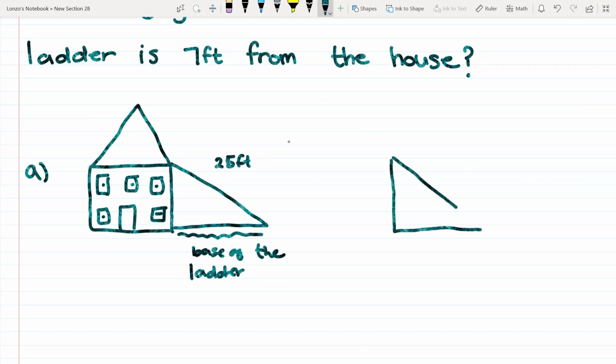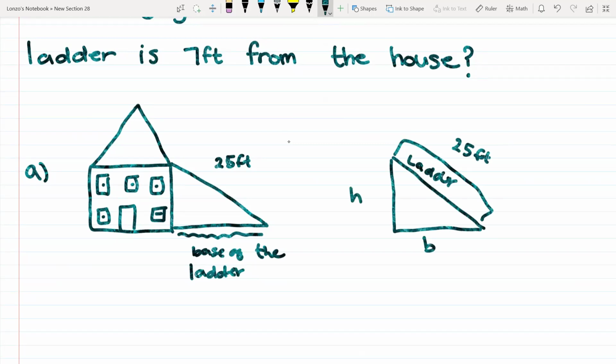This forms a right triangle, right? Here's the ladder, it's a total length of 25 feet. Here's the base of the ladder and then the height.